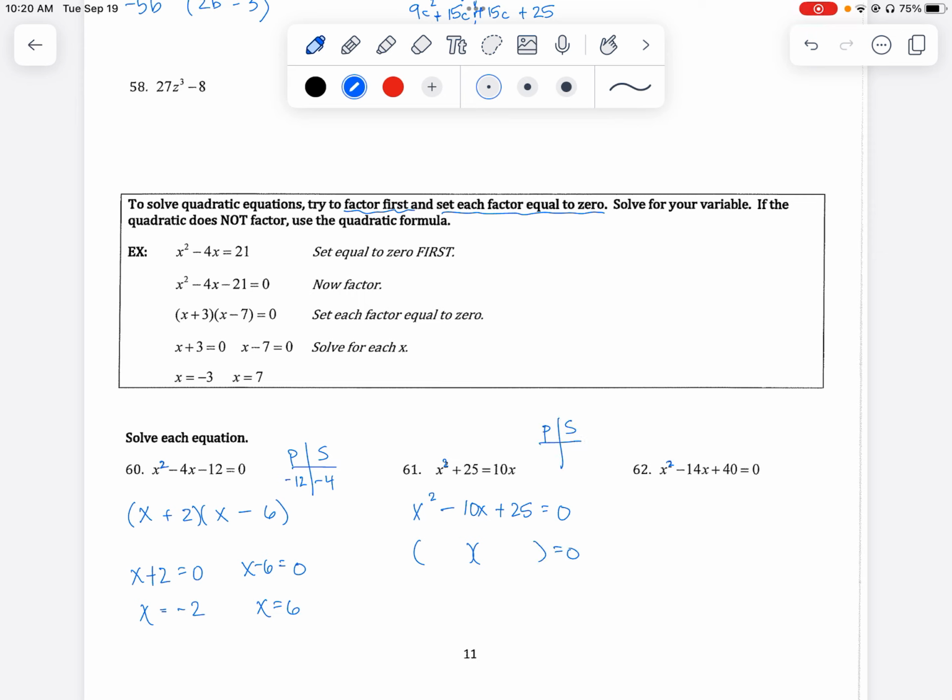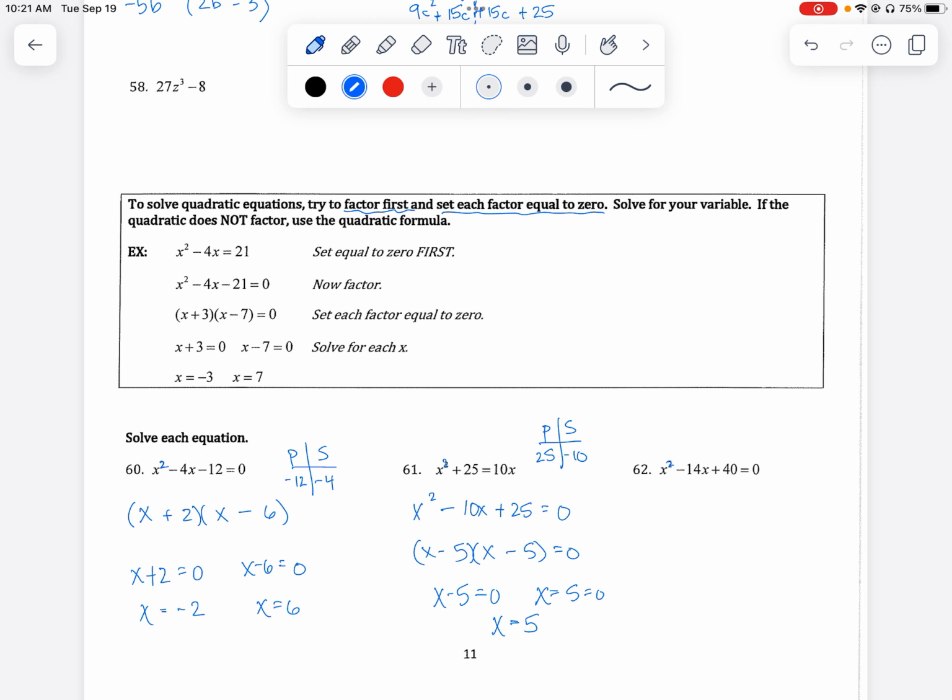You are probably already thinking, oh, those two numbers are -5 and -5, because -5 times -5 is positive 25, and -5x minus 5x is -10x. And so I've got x minus 5 equals 0, and x minus 5 equals 0. My only solution here is where x equals 5.